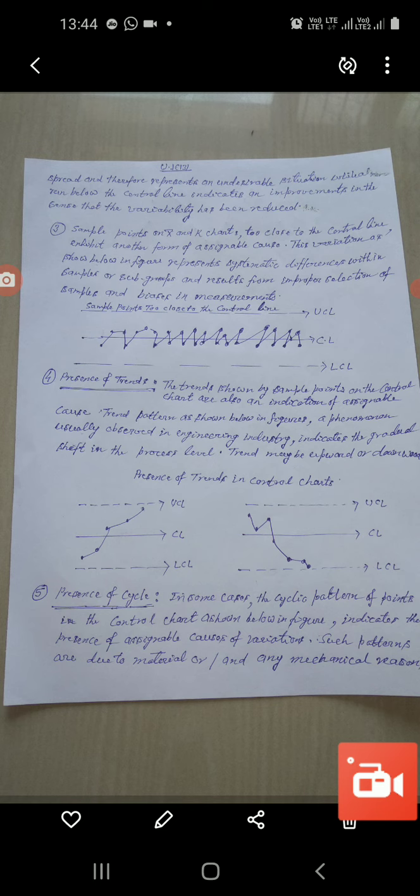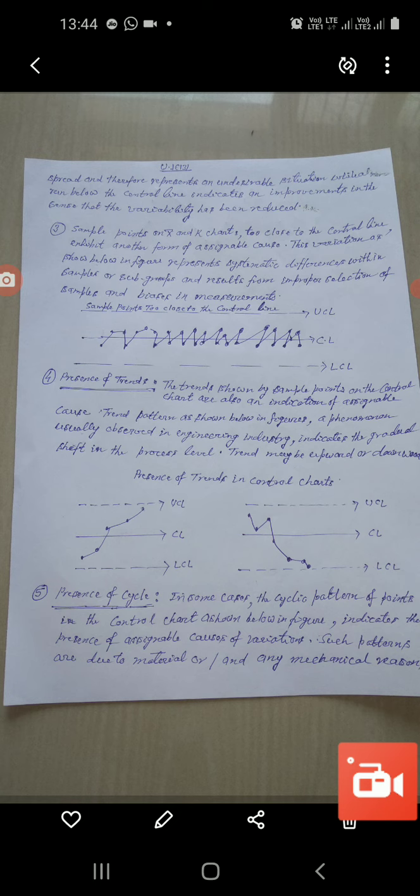A trend may be upward or downward. So here we have shown this by two figures of presence of trends in control charts: in one figure the trend is upward, in another the trend is downward.